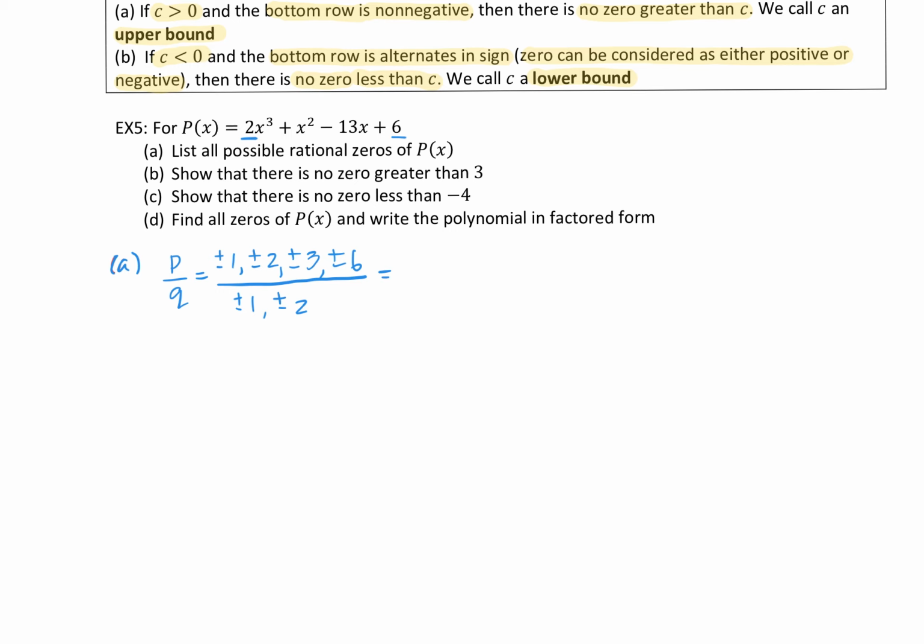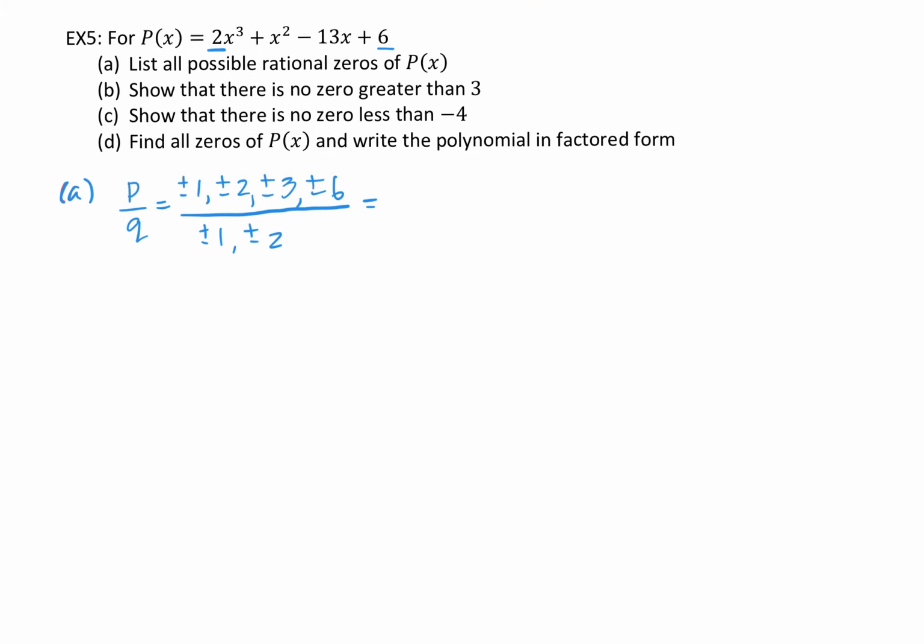So if we look at all possibilities, let's look at the 1 first. 1 over 1 is plus or minus 1. 1 over 2 is plus or minus 1/2. Look at the 2 in the numerator. 2 over 1 is plus or minus 2. 2 over 2 is plus or minus 1, but we already have that. Then we're at the 3, which would give us plus or minus 3, and then plus or minus 3 over 2, or 3/2. 6 over 1 would give us plus or minus 6.